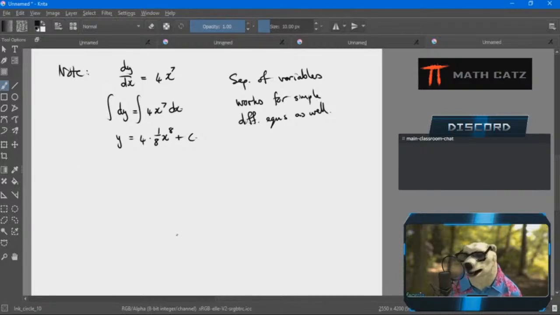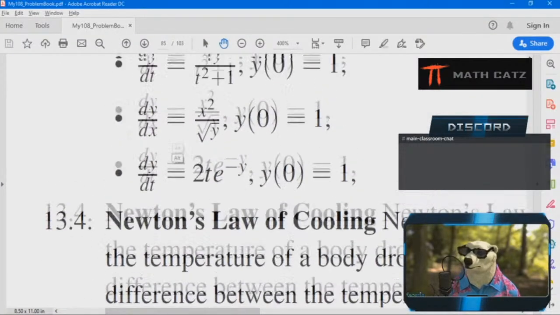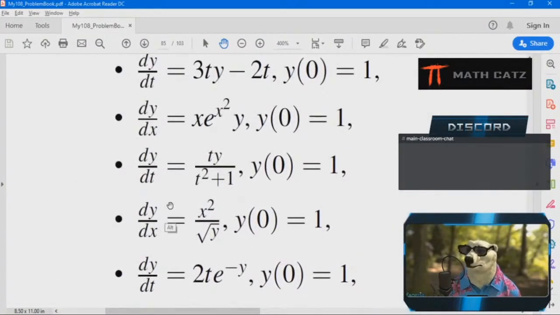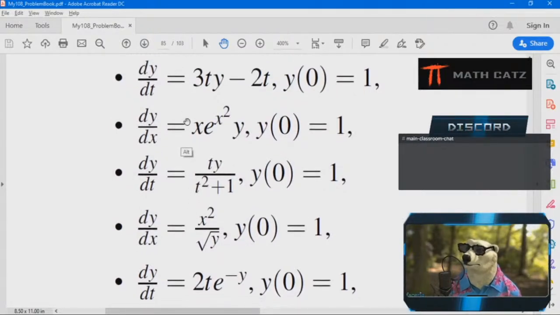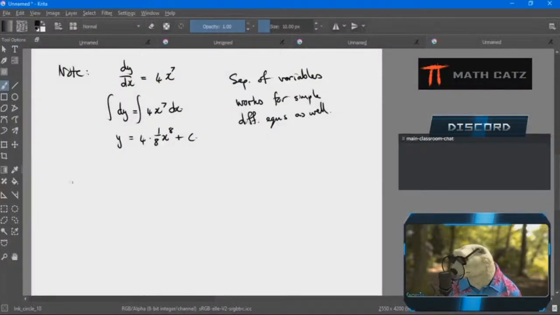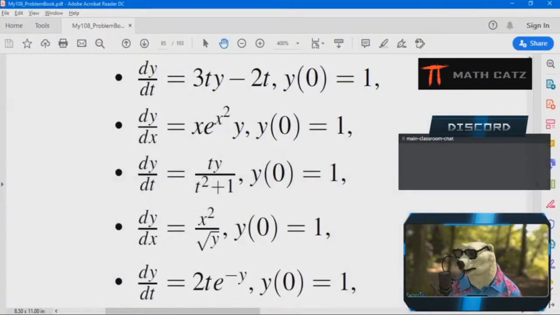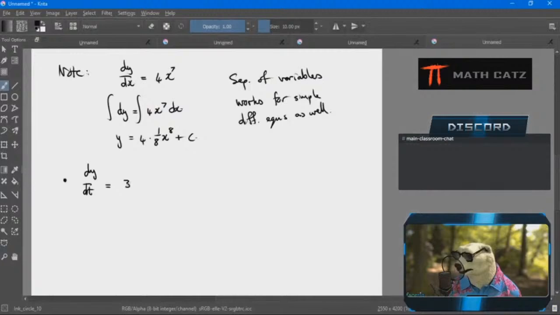Let's see what else we can do. Maybe a last question. Now, there isn't much. Maybe that top one. There isn't much in terms of how difficult we can make it. dy/dt equals 3ty minus 2t.